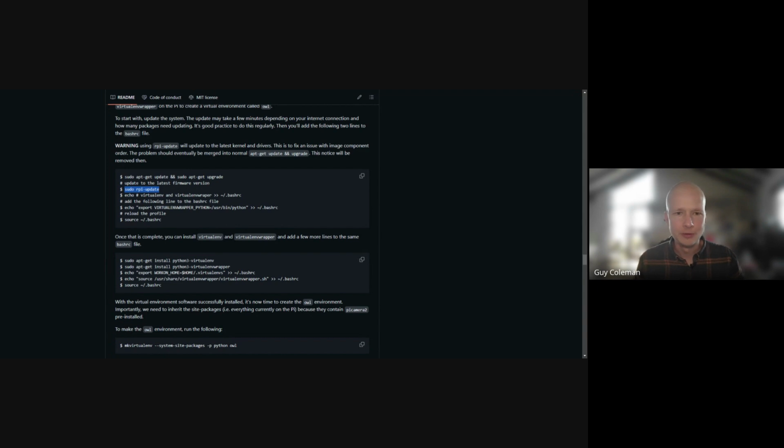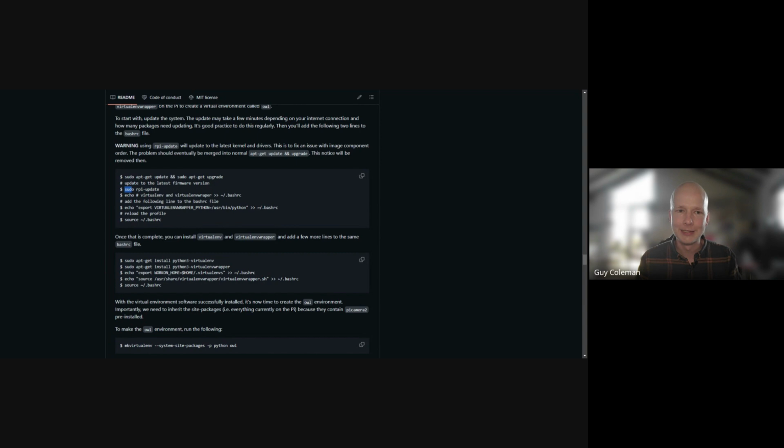So they put the blue channel first instead of the red channel for whatever reason. But in the old kernel versions, they just accidentally made that mistake and flipped it. And so if you don't run sudo rpi-update, you'll end up with inexplicably and quite confusingly flipped red and blue channels. So make sure you run this.